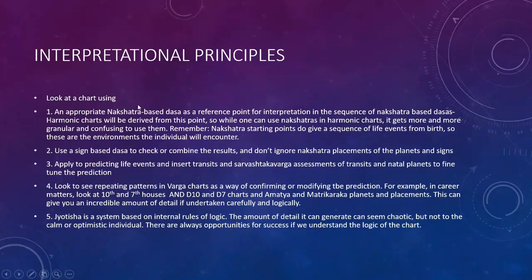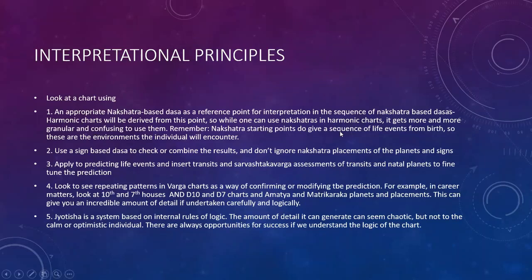The interpretational principles I usually follow: look at the chart using an appropriate nakshatra-based dasha as a reference point for interpretation of the sequence of nakshatra-based dashas. Harmonic charts will be derived from this point anyway.